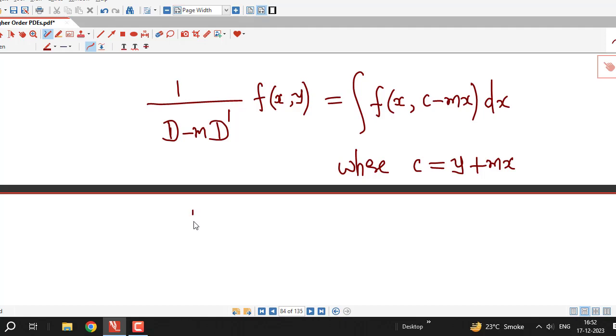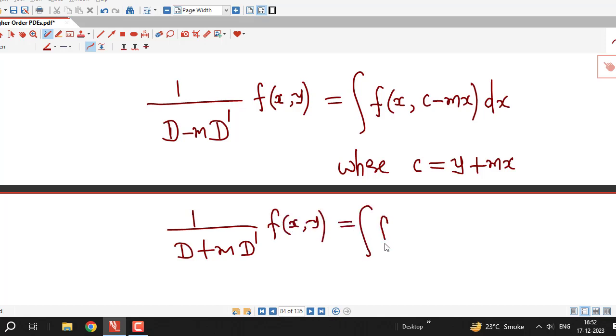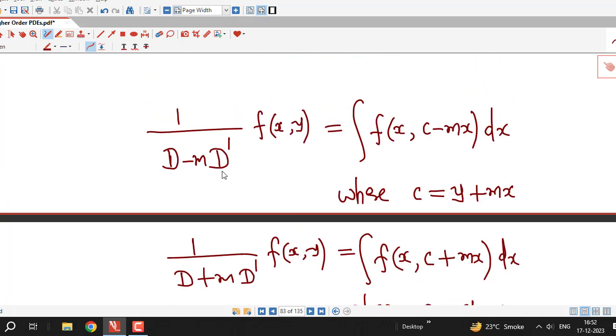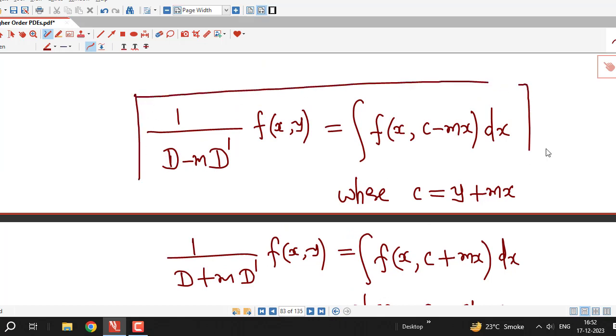Now instead of minus m, suppose we have D plus mD', then here you can replace m by minus m, so you can remember only one formula. Here I replace m by minus m, and I have f(x, c plus mx) dx, where c is going to be y minus mx. So we will remember this formula, and we will discuss problems related to this method in upcoming lectures.